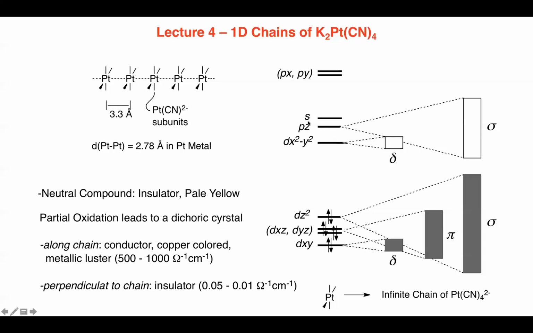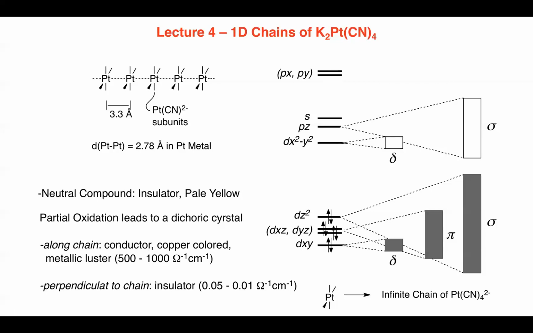You can also think about the p orbitals on platinum and the s orbital on platinum. The x and the y axes point at the cyanides, and so those p orbital functions also form bonds with the cyanides, and the empty piece of those gets pushed way up in energy. It's hard to put an electron onto the x or y axis because you've got a cyanide lone pair sitting there.